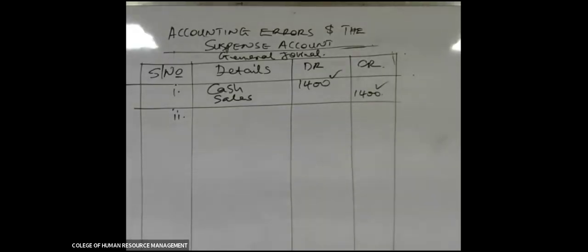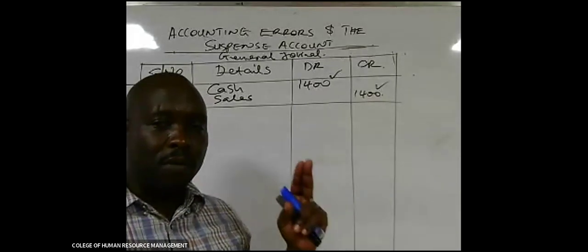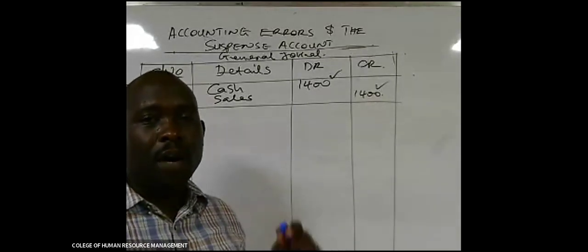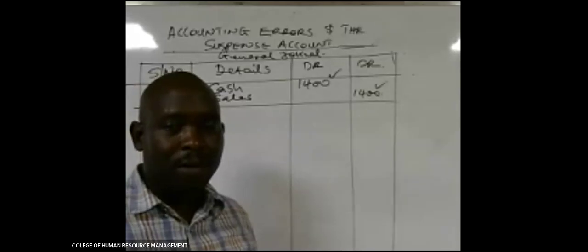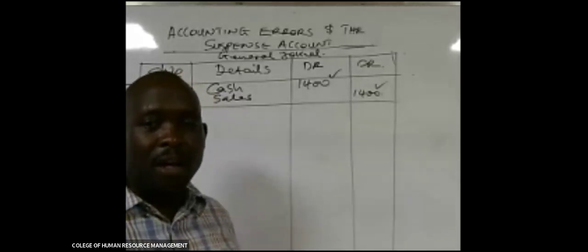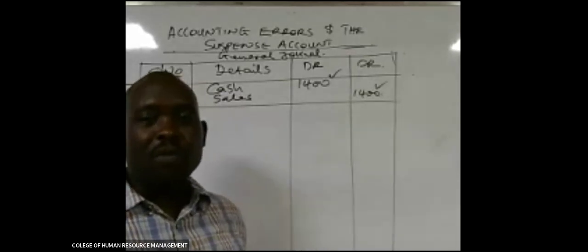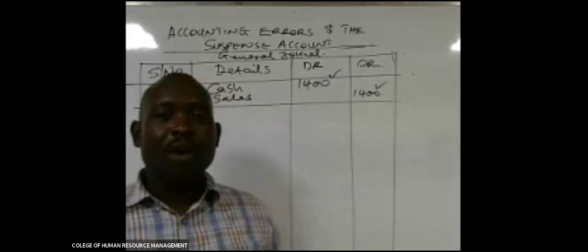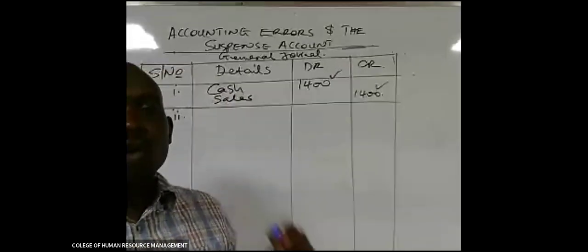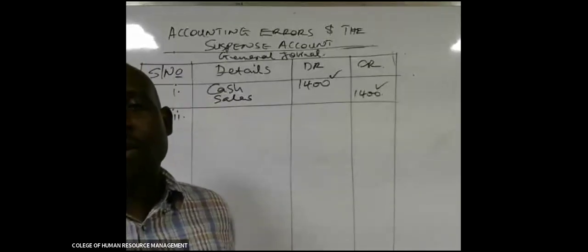Okay. If you have been following what I've been doing from the word go, when I started this lesson, I said we have got two types of errors. We have got those errors which do not affect the trial balance, and we have listed them here. We started with the error of omission, error of commission, error of principle, compensating errors, complete reversal of entries. Those errors, because they do not affect the totals of the trial balance, it simply means that they don't require suspense.